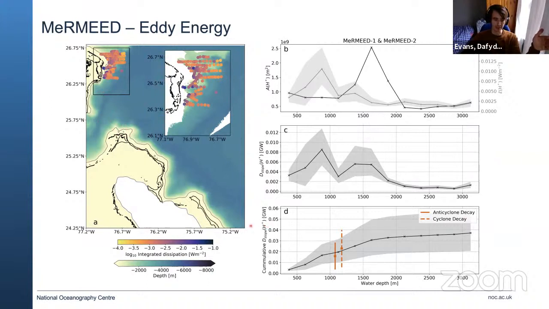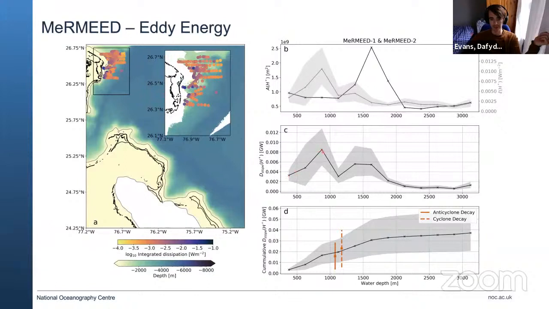And when we look at altimetry, you can see this is the area of the topography that the eddies feel. The integrated dissipation binned by water depth is this middle term here, and it's in gigawatts, so in comparable units to the sea level satellite altimetry-based estimate of eddy energy.